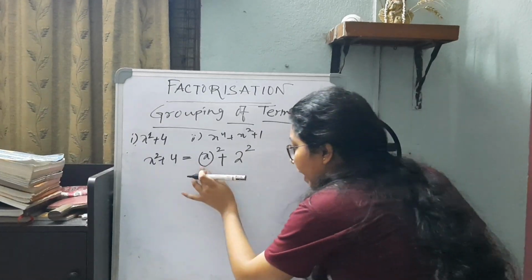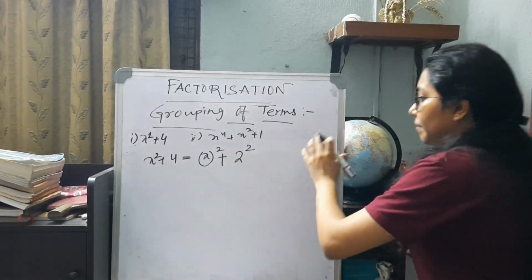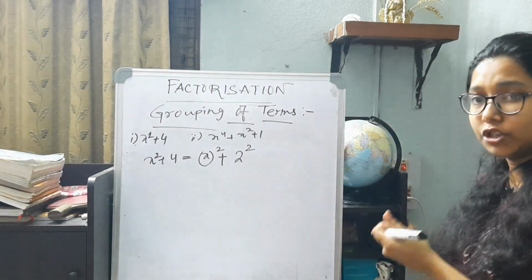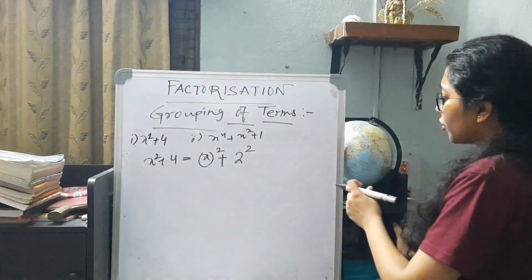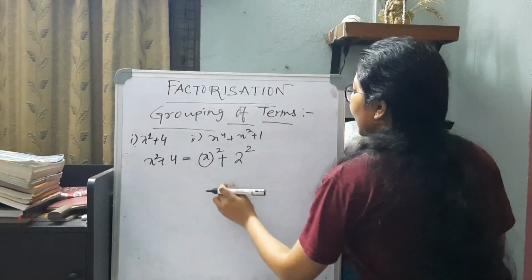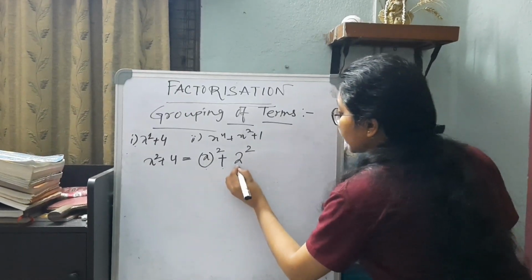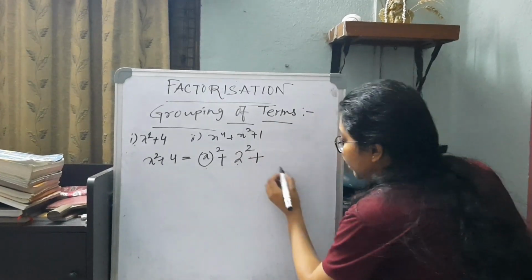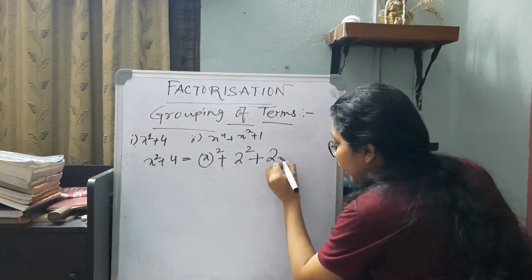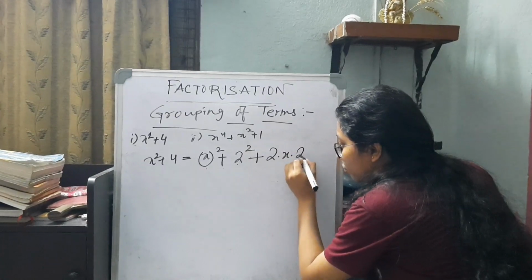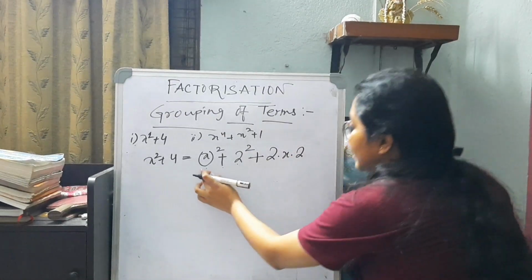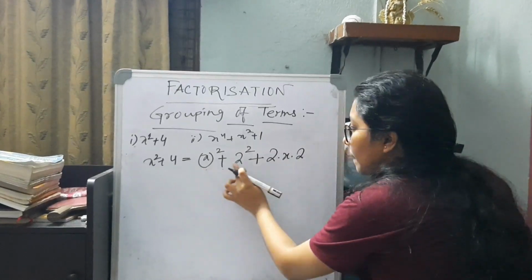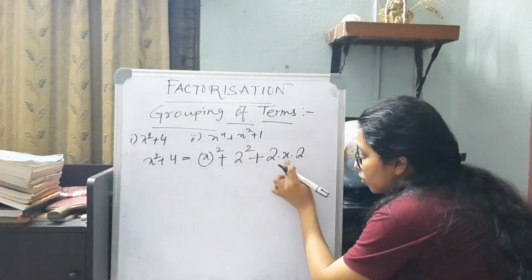Now, if I can make it a square minus b square form, that would be very helpful. I can see that it is x square plus b square. So if I attach one more part to it, that is 2 into x into 2, I can see that it is x square, that is a square plus b square plus 2ab.